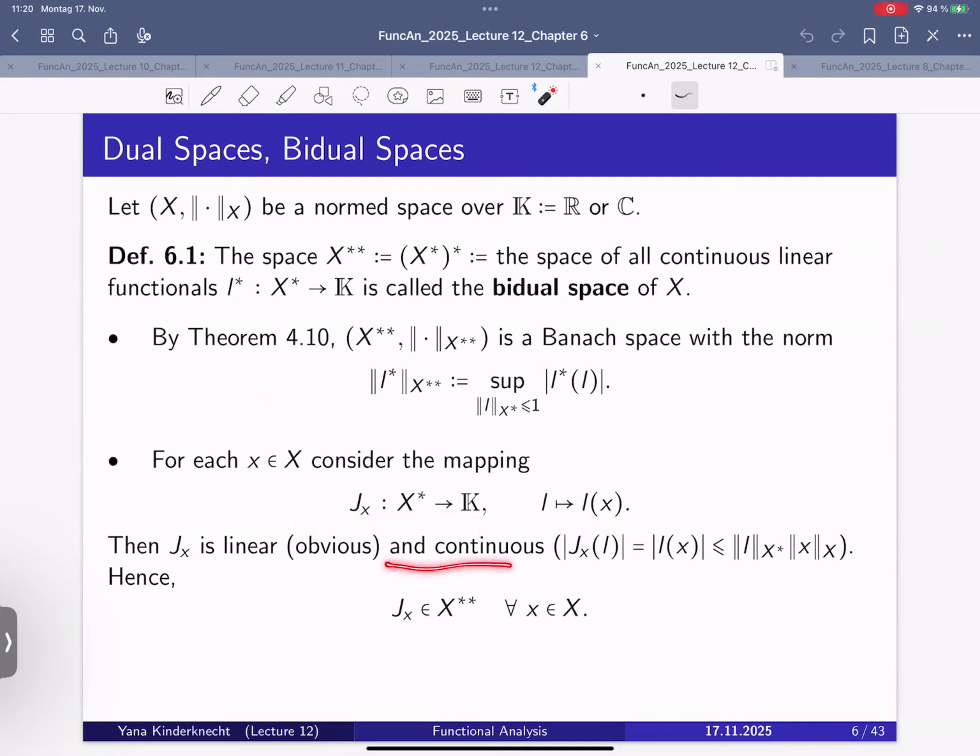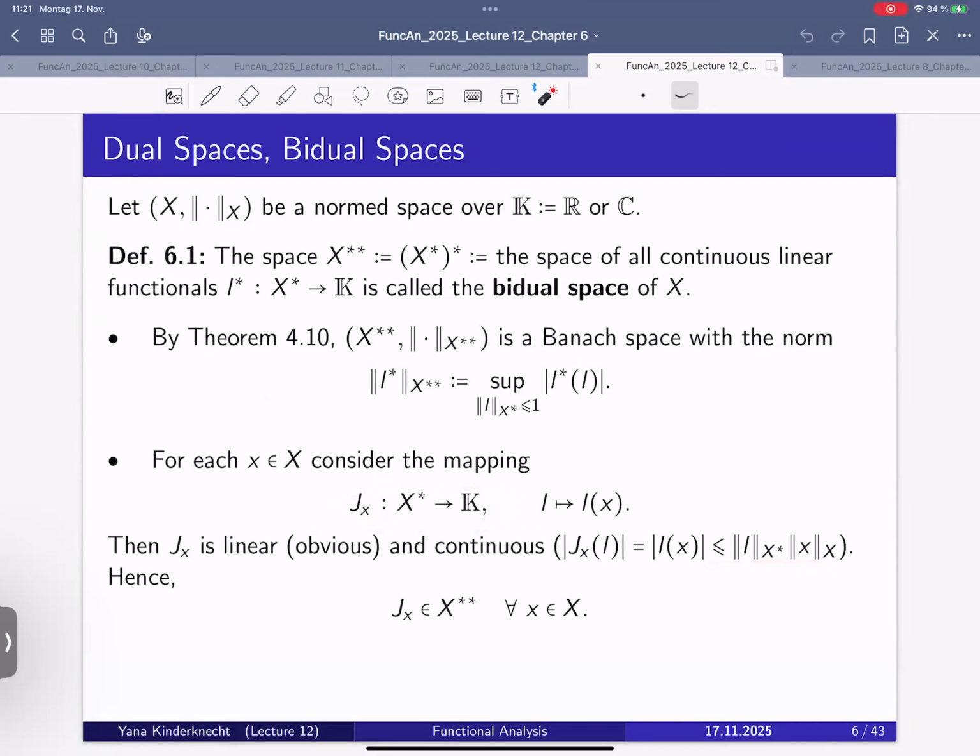Moreover, this is a continuous mapping, because this mapping Gx at the point L, absolute value, by definition is just the absolute value of L of x. And then by the standard inequality, this is smaller or equal than the norm of the linear functional L times the norm of x. Hence, you can see that this mapping is a bounded linear mapping, and hence continuous.